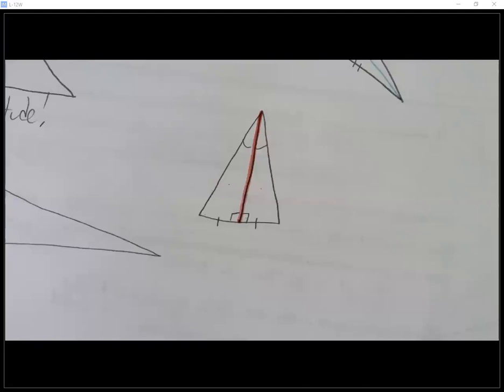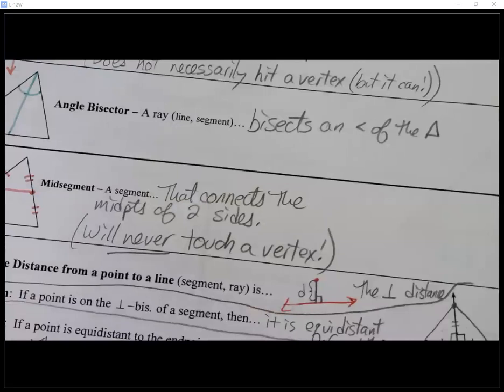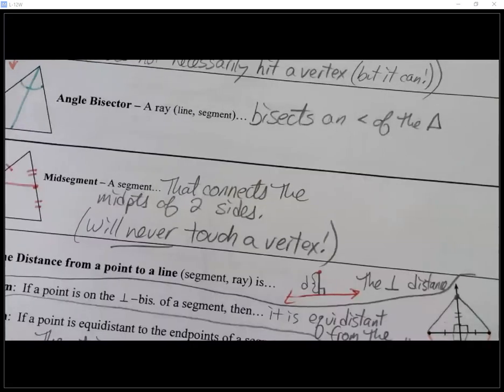Anyway, so that is it for 4-7. Does anybody have any questions right now? No questions? No? Okay. All right. So I'm going to give you your homework.